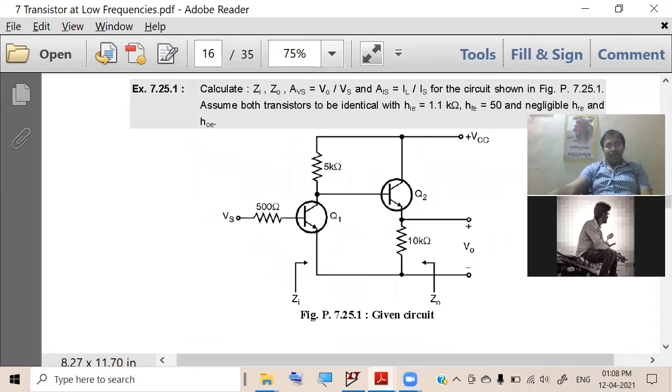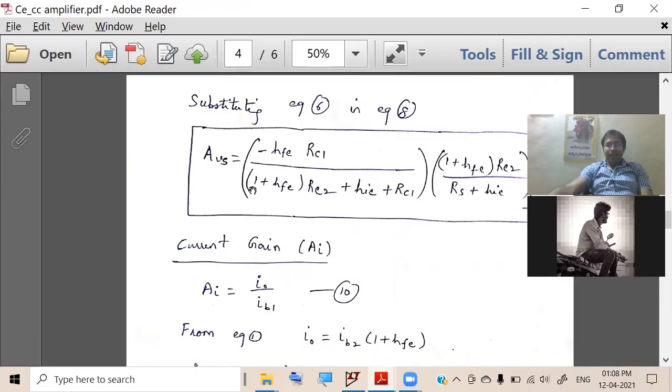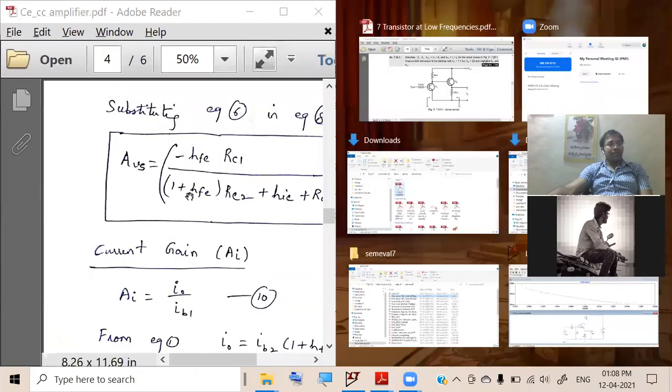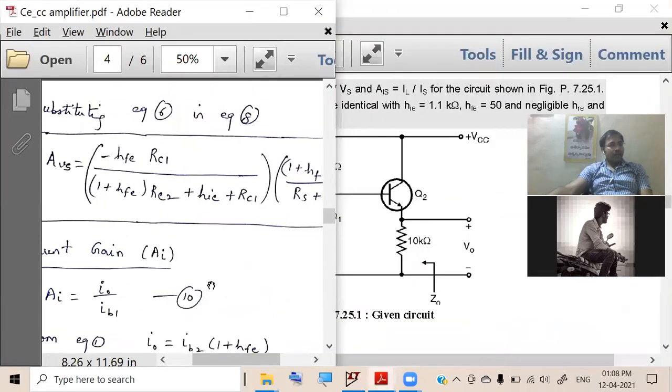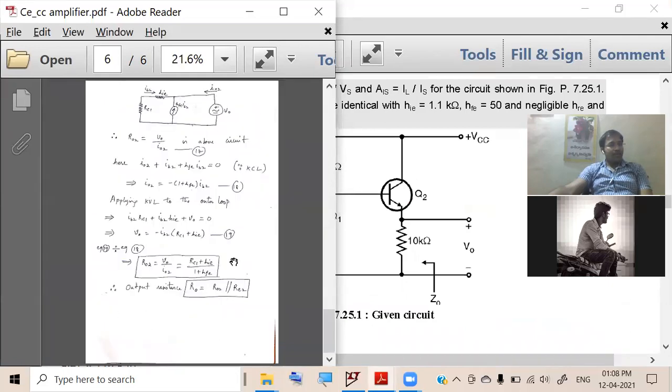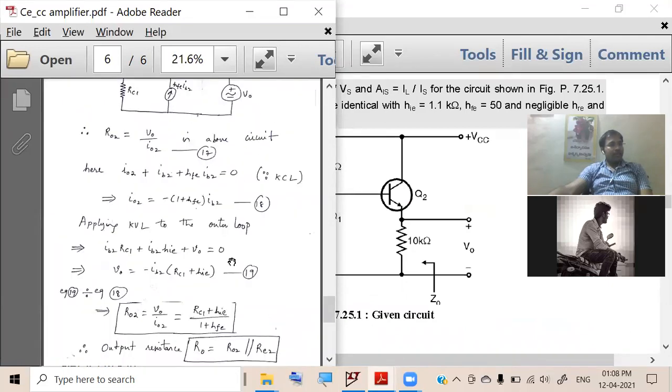The AVS we got is for this circuit only, because the circuit in the problem and the circuit we started with are the same. So just identify these values, substitute, and tell me what is the answer. Now use calculators. Tell me the expression for AVS first.